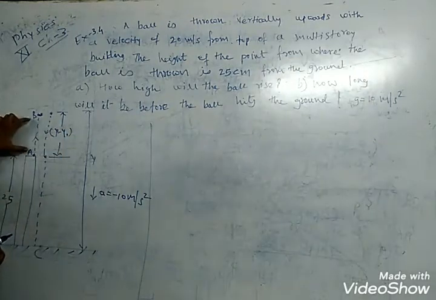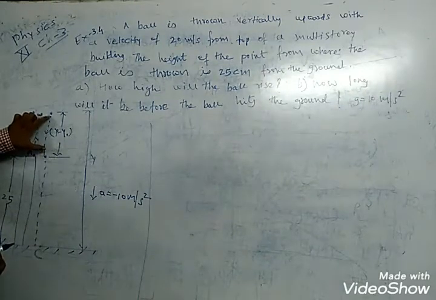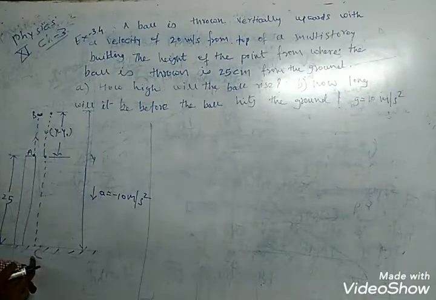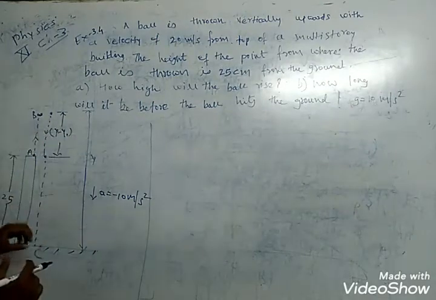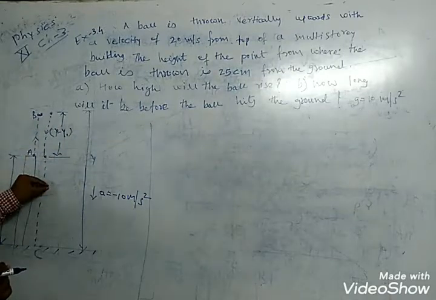The first part is A to B, and the second part is B to C. For these we calculate the times T1 and T2.